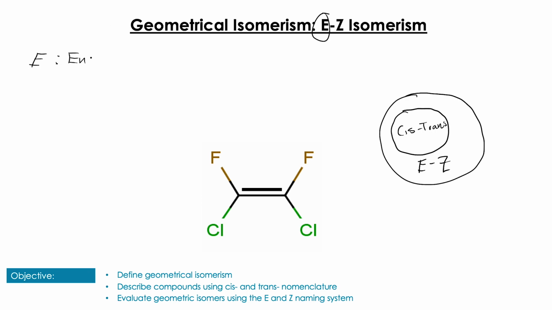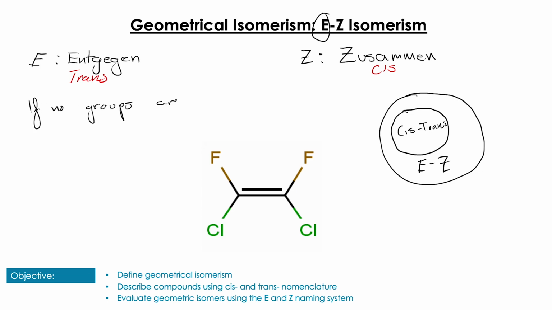So E stands for entgegen, which is a German word that means opposite or in opposition to, and Z stands for zusammen, which again is another German word that means together. So just by their meaning, we can see how they would roughly correspond to cis and trans. Entgegen is going to be the trans isomer and zusammen is going to be the cis isomer.